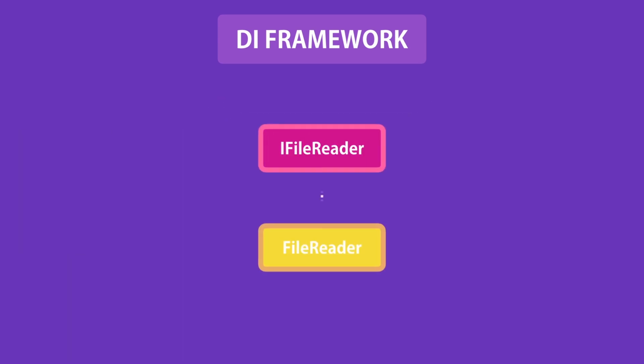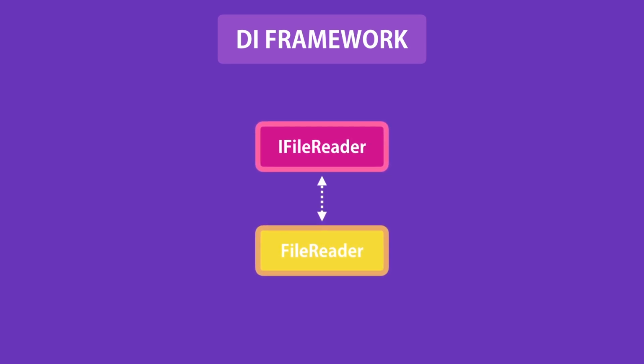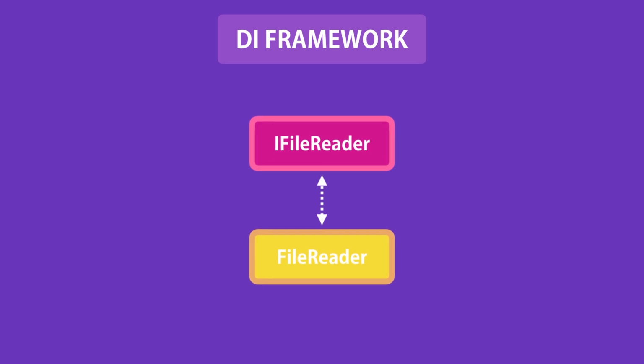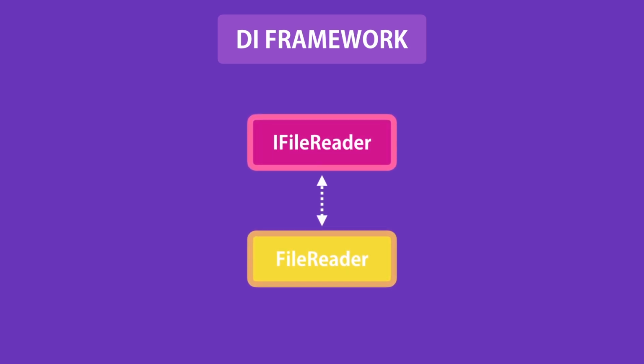Then it looks at its container or the registry, finds the concrete implementations for these referenced interfaces, instantiates them, and passes them to your controller. If those objects also have dependencies, your dependency injection framework again will take care of creating and initializing an object graph for you.